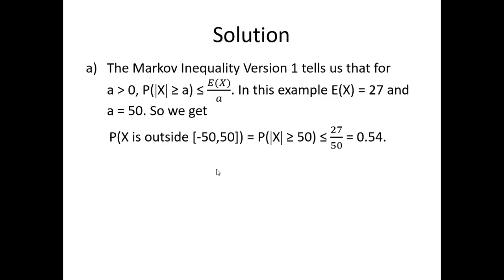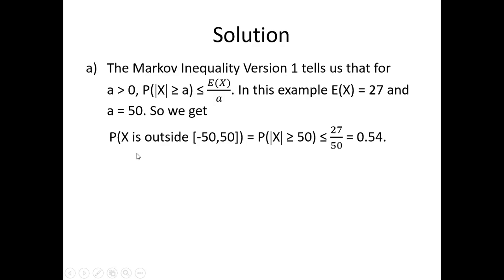So for A, we'll use the Markov inequality, labeled version 1 in the textbook, which tells us that for an A greater than 0, the probability of the absolute value of X greater than or equal to A is less than or equal to E of X over A. So in the example, we were given that the average temperature is 27, that's our E of X, and A is 50.